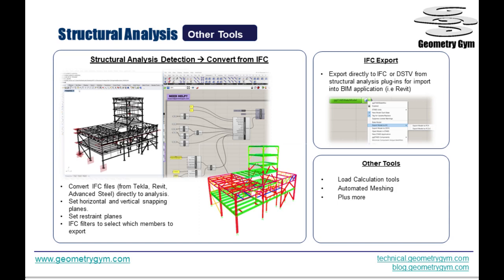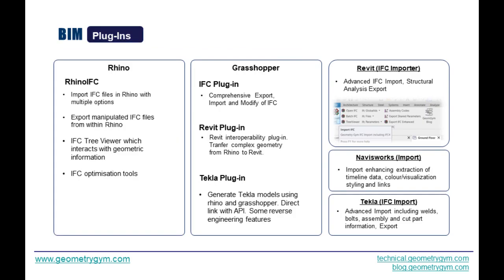Yeah, direct export to IFC. So if you've created a Grasshopper model for ETABS or whatever, you can directly export that model to IFC, which you can import into REWILD or whatever. And similarly, we've got a REWILD plugin which links Grasshopper with REWILD.